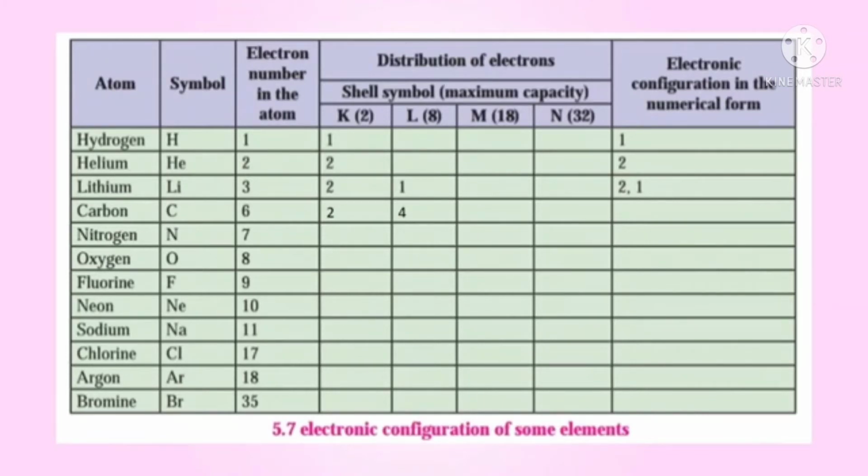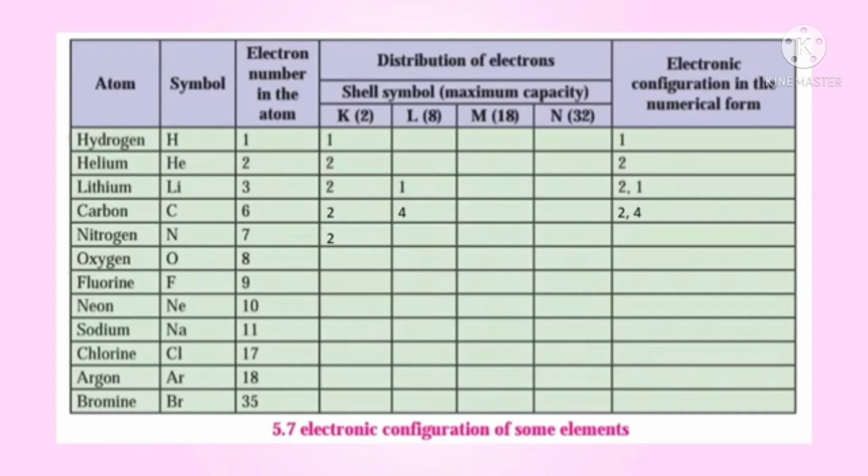Now consider carbon. Atomic number is 6. So the maximum capacity of the first shell is 2. 6 minus 2, remaining 4 electrons in the L shell. 2 plus 4 is 6. So the electronic configuration in numerical form is 2, 4. Consider nitrogen again. Atomic number is 7.